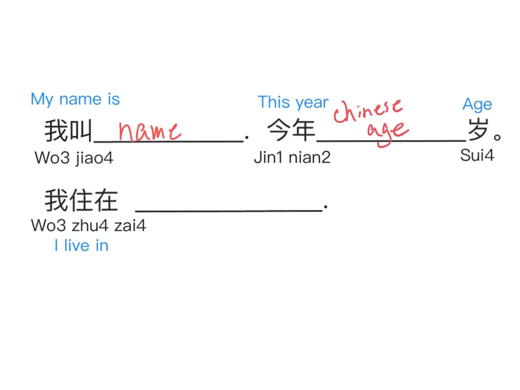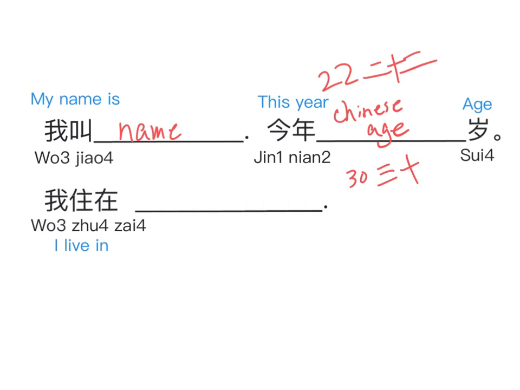For example, if you are 22, then you put it there. If you are 30, then you put there 30. So if you are 22 years old, it will be read as 今年22岁. If you are 30, 今年30岁. So that will be for the age.